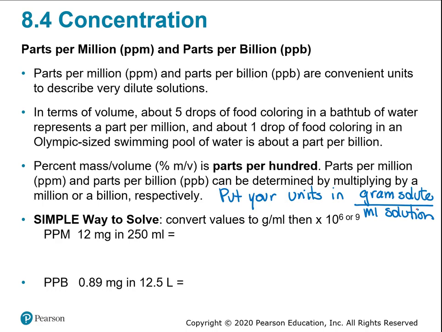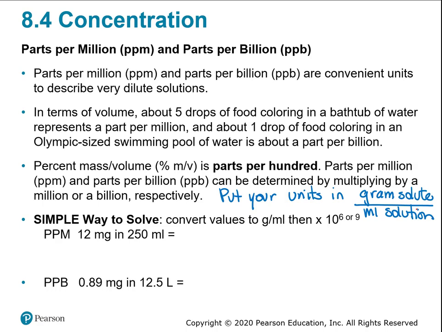Okay? To be able to use parts per million, parts per billion easily, put it in grams per mils. So you might have to convert for grams. If you get a number in milligrams, you might have to convert it to grams. If you get an answer of liters, you might have to convert it to milliliters. But do that first. Then multiply your answer times 1,000,000 if it's parts per million.